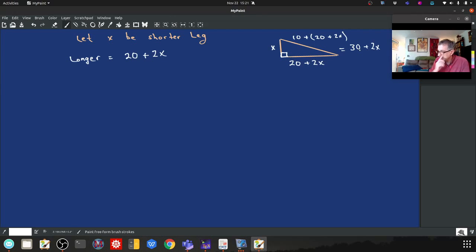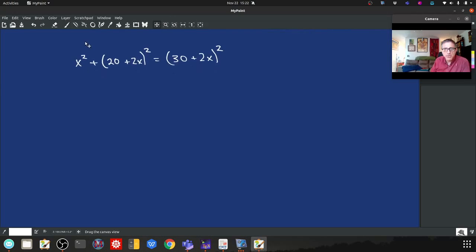So by the Pythagorean theorem, I have x squared plus (20 plus 2x) squared is equal to (30 plus 2x) squared. So let's work this out.